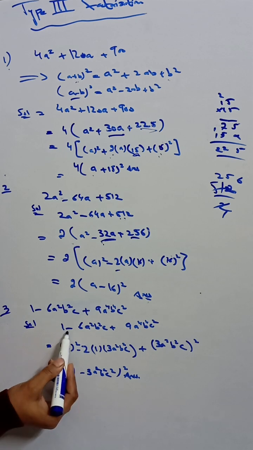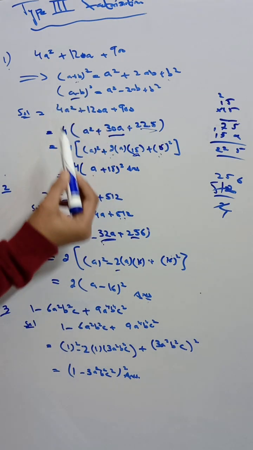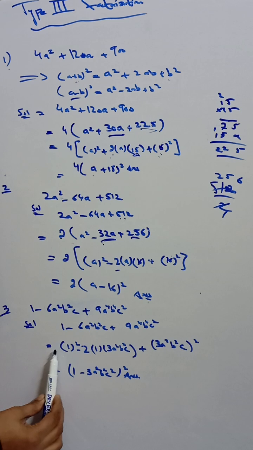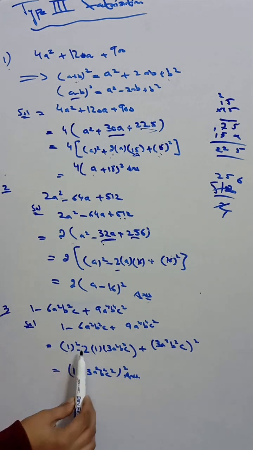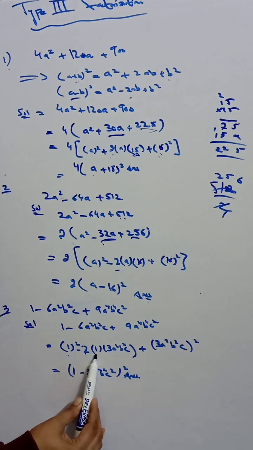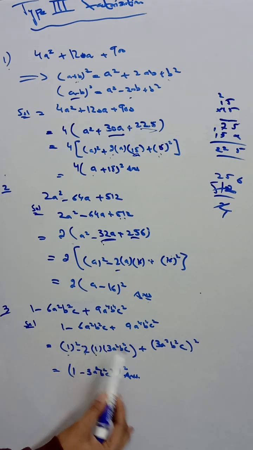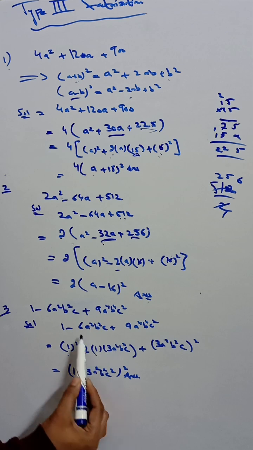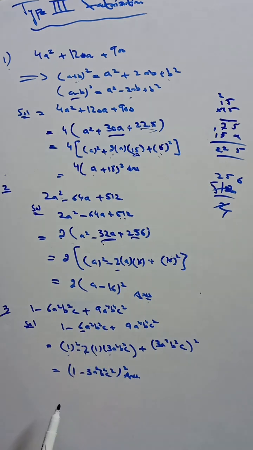Now I apply the formula. There's a minus sign, so it must be A minus B whole square. So 1 square minus 2 of the formula. What is A here? 1. What is B here? If I don't know, I can easily find it. I need 6. 2 3s are 6.